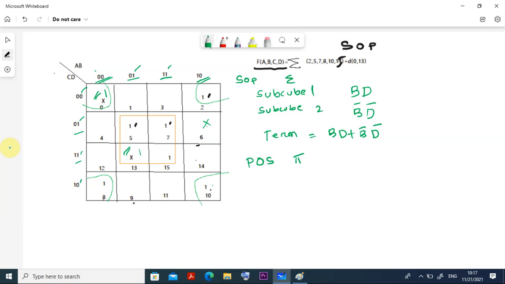That means your function will be reduced to f of a b c d equal to, okay, then I take this by of what? It is 2, 5, 7, it is 8, it is 10, and it is 15.